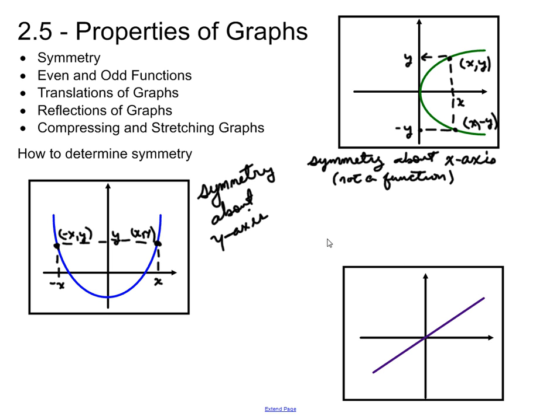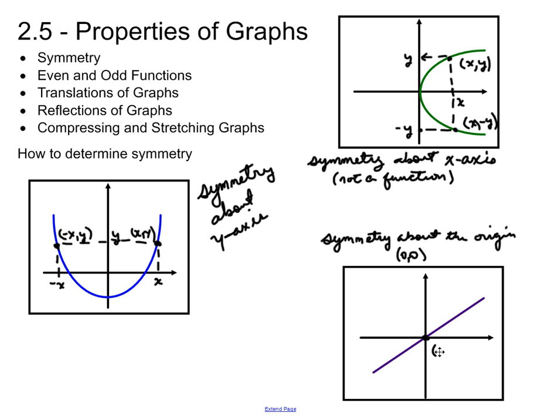And then finally, we can talk about symmetry about the origin. Symmetry about the origin is a little different than these two in that the symmetry of the graph is no longer about a line, but about a point. In this case, the point is the coordinate 0, 0.